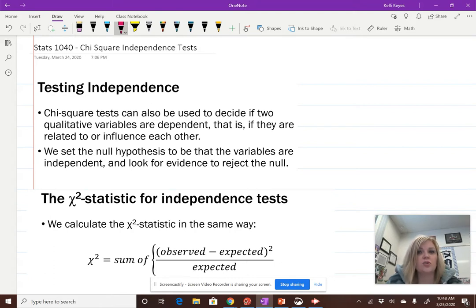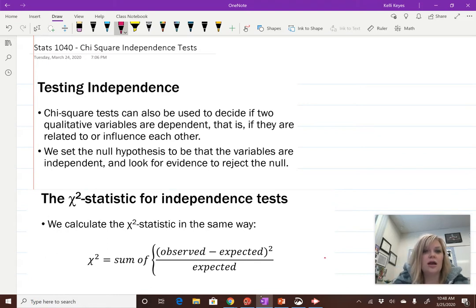So chi-squared independence is just looking at, hey, are these two variables, and they're actually qualitative, independent of each other or are they dependent? So does one influence the other or not? For this test, the null and alternative hypotheses are super easy, and they're pretty much the same every time.